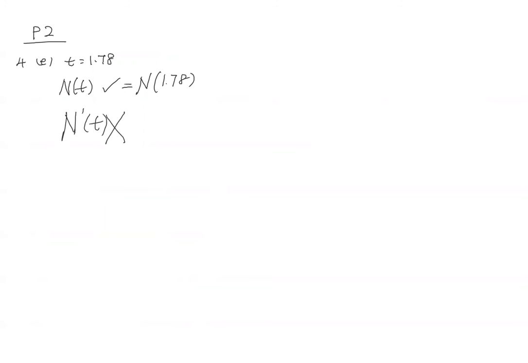Practice 2 for E. I think T is 1.78, correct? So you are supposed to find this. This is the correct one. You are supposed to find N at 1.78 and not this one, because the question asks for the number, not the rate. Find the number when the rate is increasing at the maximum.